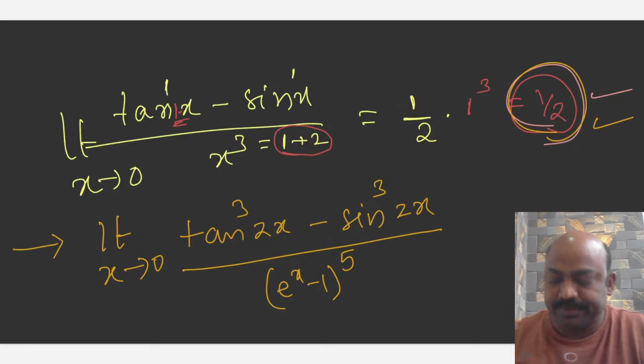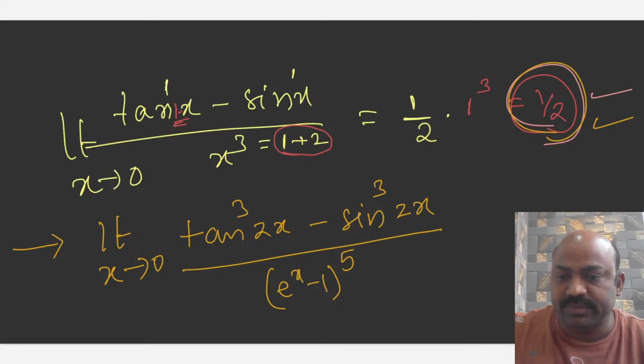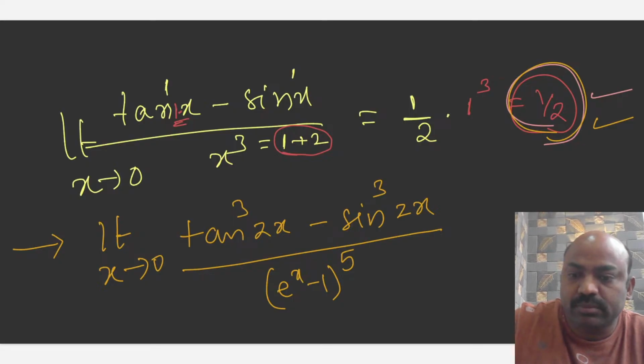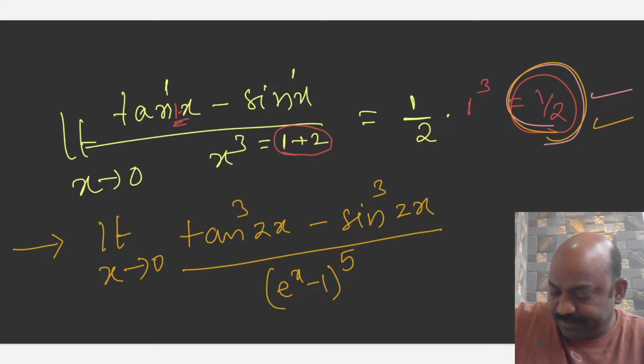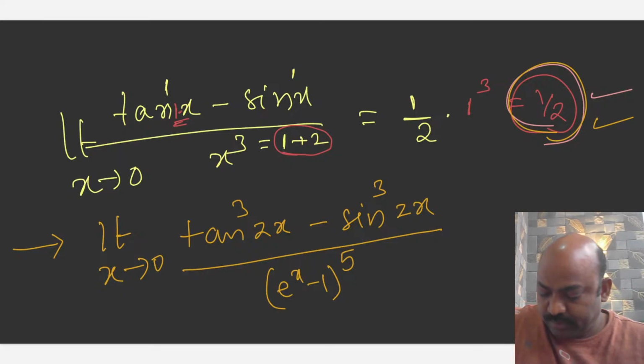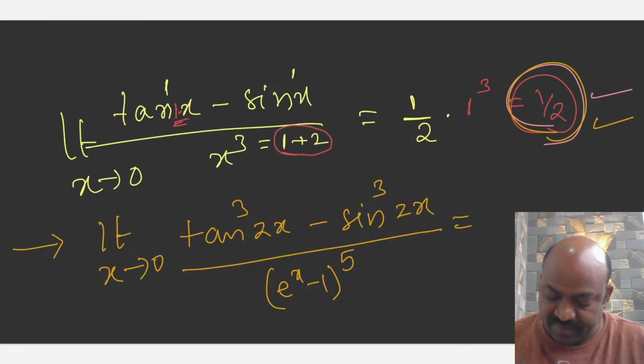Answer is 48. Let me check the method. Indirectly, e^x minus 1 is x only.